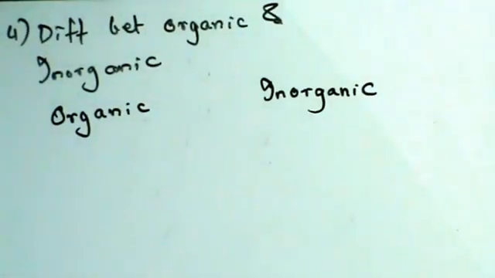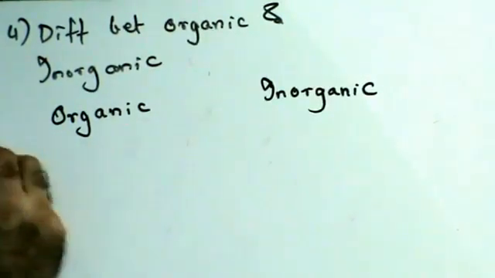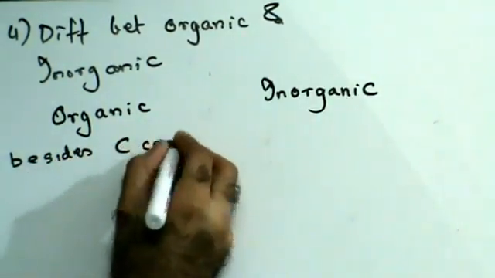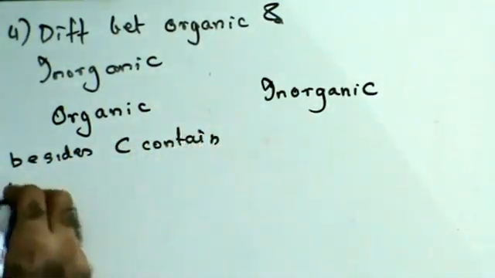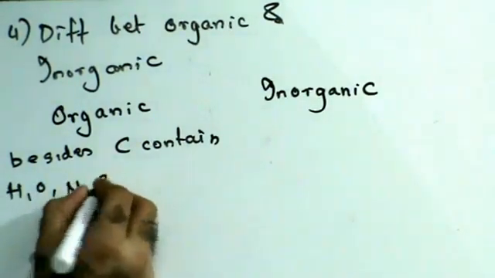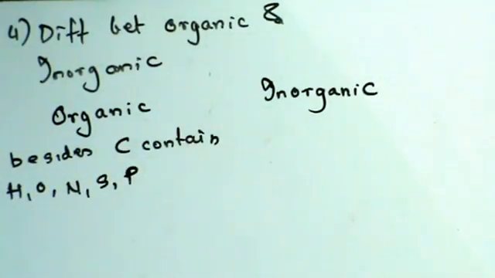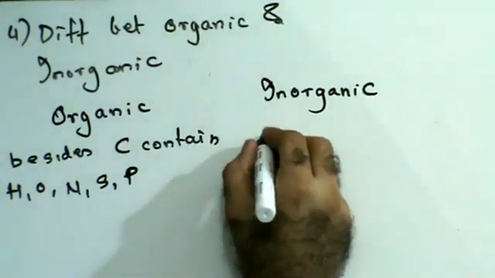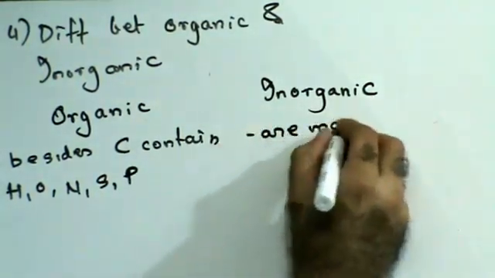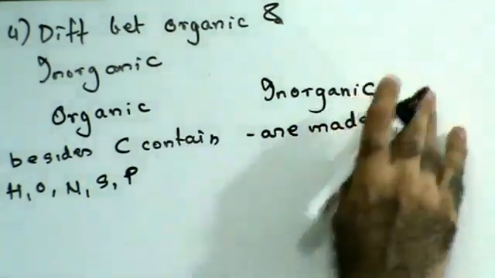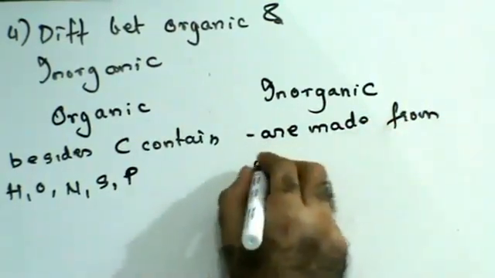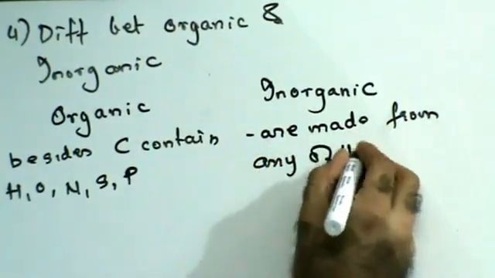Right? Organic compounds besides carbon contain hydrogen, oxygen, nitrogen, sulfur and phosphorus. These are the compounds that they contain. Inorganic compounds are made from any of the 110 elements.